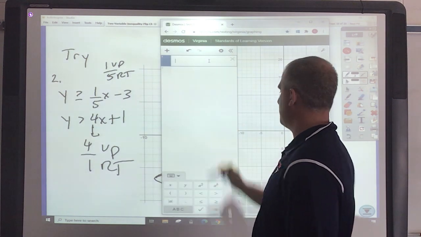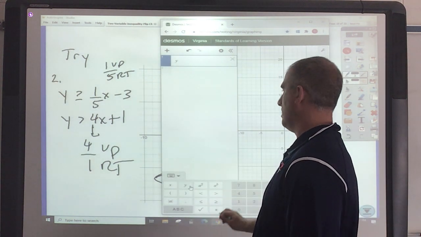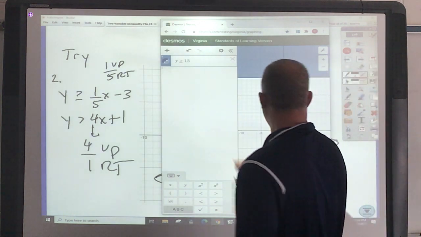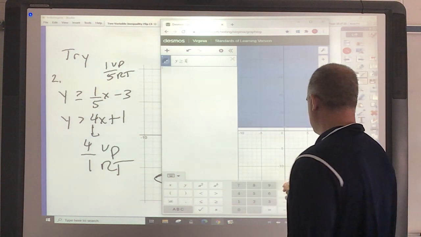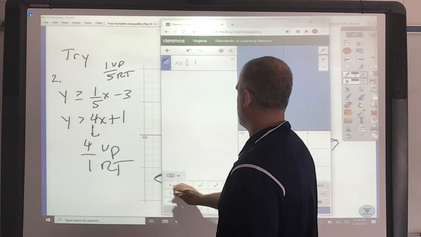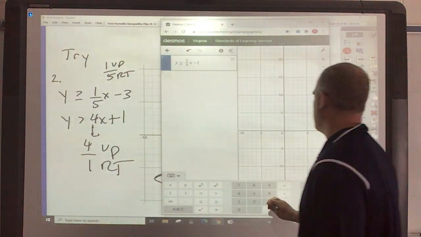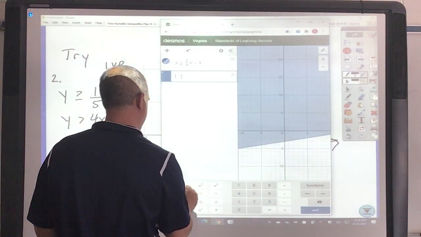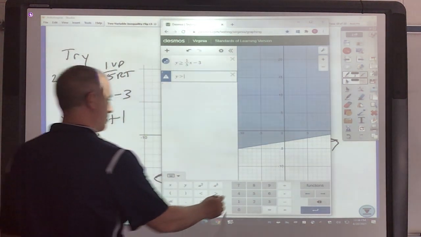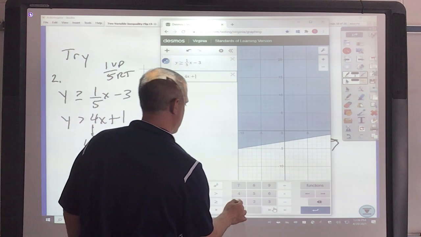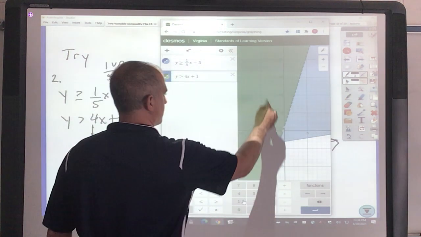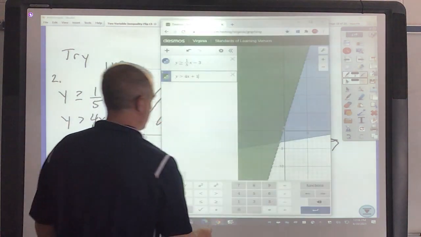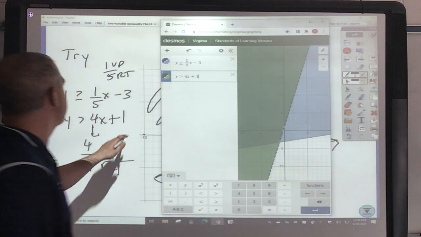So this is going to be y is greater than or equal to 1 divided by 5 x minus 3. And then this one would be y is greater than 4x plus 1. You can see that the darkest area is this part from here.